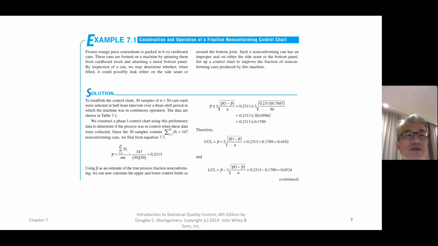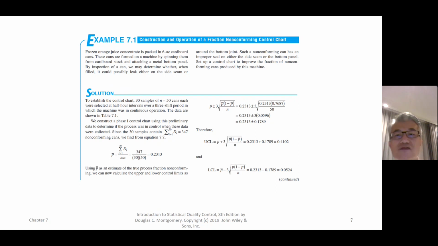So using p bar as an estimate of the true process fraction non-conforming, we just plug in the standard error of p hat, and then we can calculate the upper and lower control limits as 0.2313 plus and minus 0.1789.